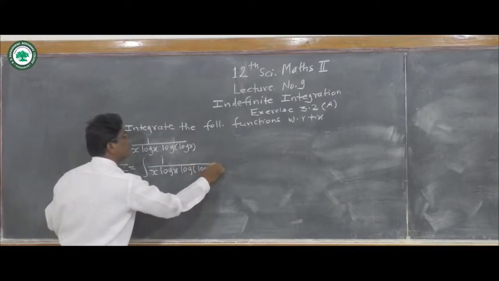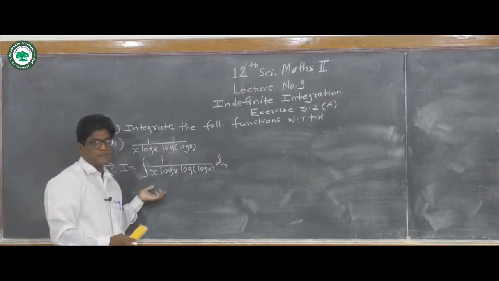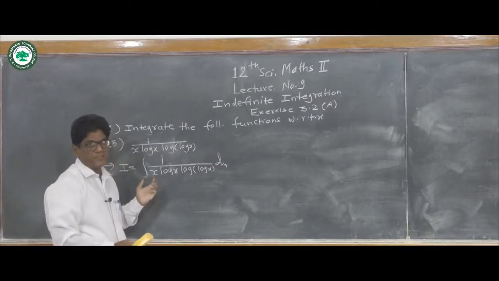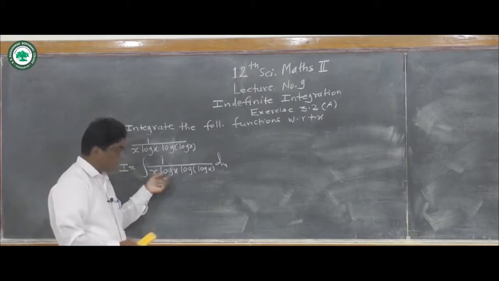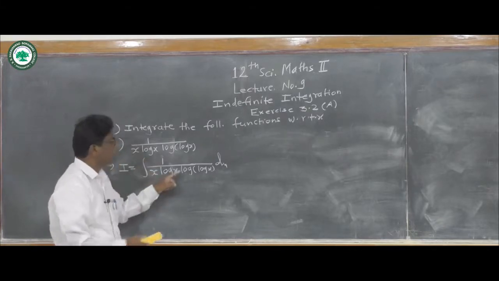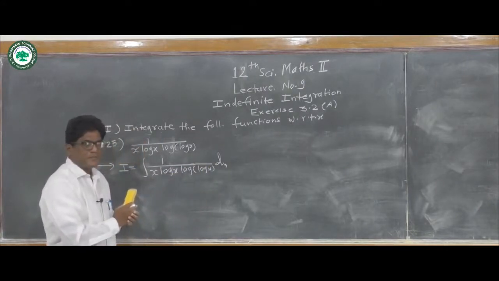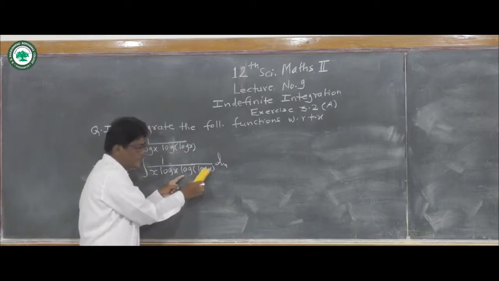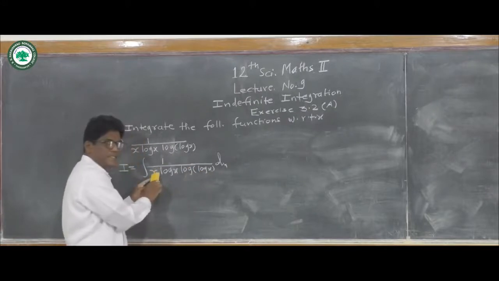Now we see the problems depending upon the substitution method. So here we have to search which is the function and which is the derivative. If we take log x as t, then its derivative 1 upon x is present here, but what about the term log of log x? Now if we put log of log x as t, the derivative of log is 1 upon log and the derivative of log is 1 upon x.